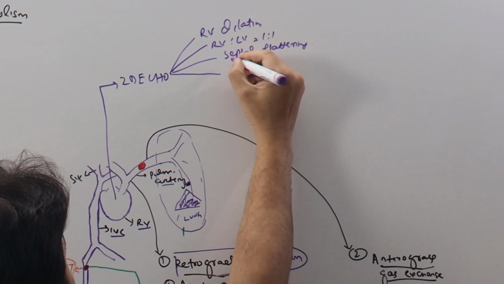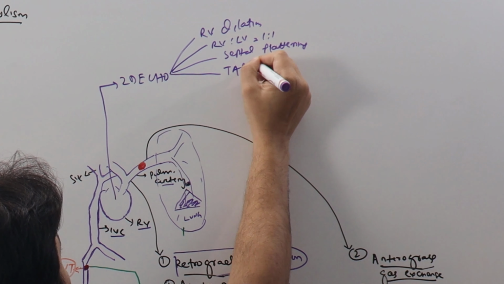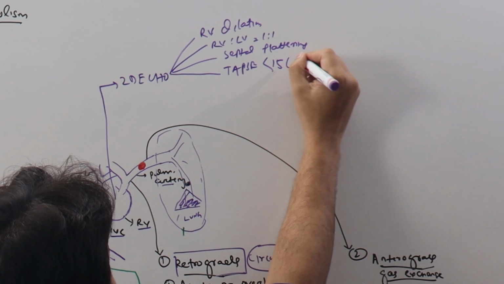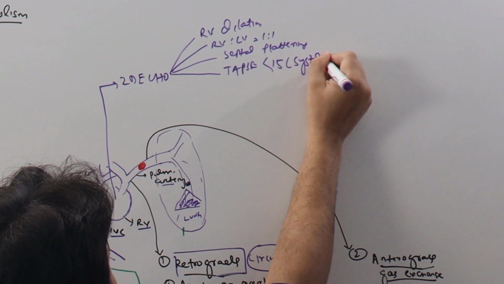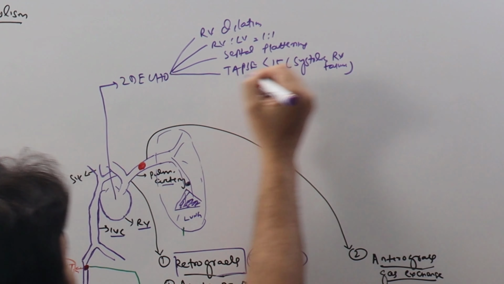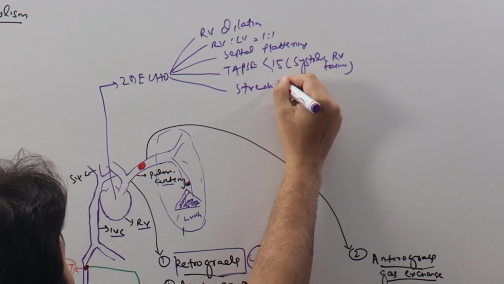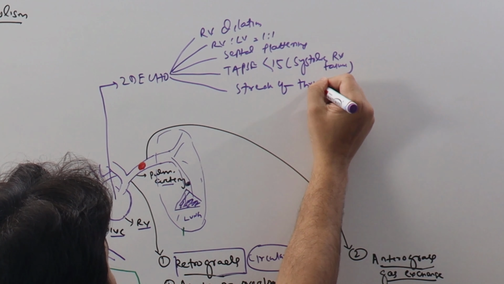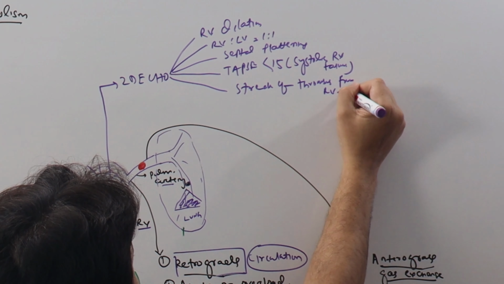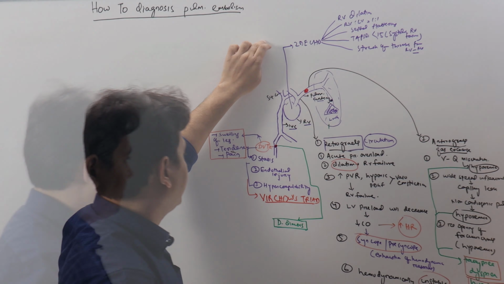Then we can have TAPSE of less than 15, which is representing systolic RV failure, right? And we can see also streak of thrombus from RA to RV, right? These are the findings in the 2D echo we can see.